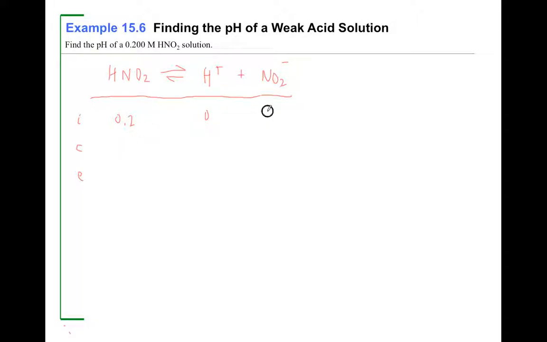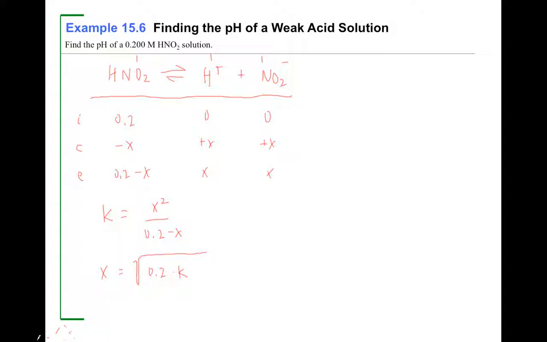If this is 0 and 0, right, because it says that's all we've got, then this is going to be minus x, and it's a 1 to 1 to 1 ratio, so this is going to be plus x and plus x. 0.2 minus x, x, and x, so K is going to be x squared over 0.2 minus x. x is going to be the square root of 0.2 K, right? If x is small.